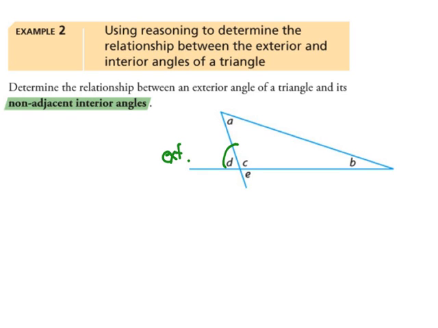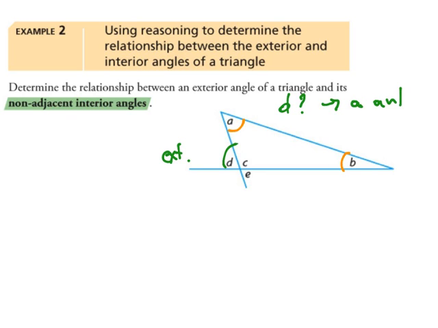And the non-adjacent interior, well, C is the adjacent part, and it cannot be C. So what we really are interested in is the other angles inside this triangle, A and B. So we have to find some type of relationship between angle D and A and B.